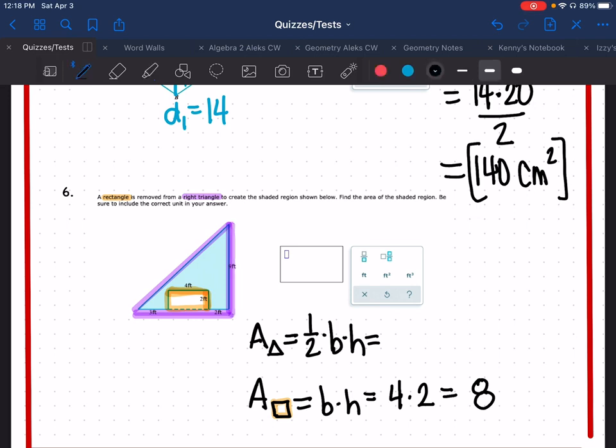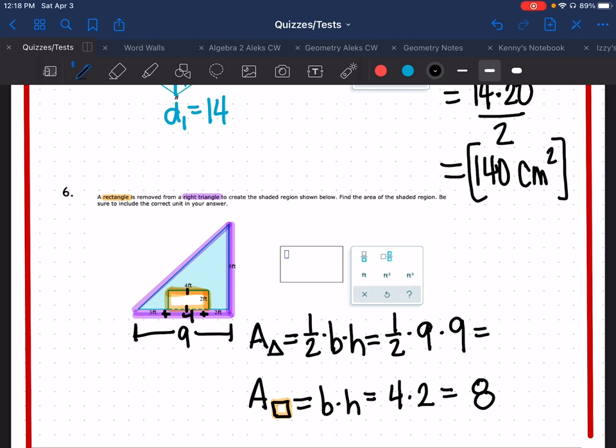I can already see that my height is 9, right? But my base across the bottom, I'm going to have to do some adding. Well, remember, this is a rectangle, so I have this, right? So I have 3 plus 4, 7 plus 2, 9. The base of my right triangle is 9.